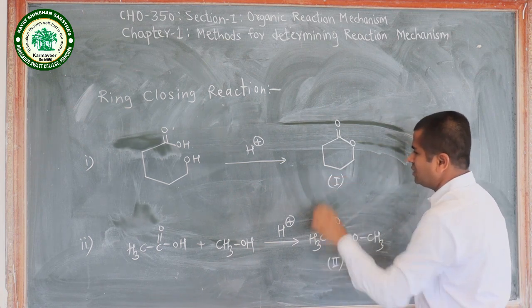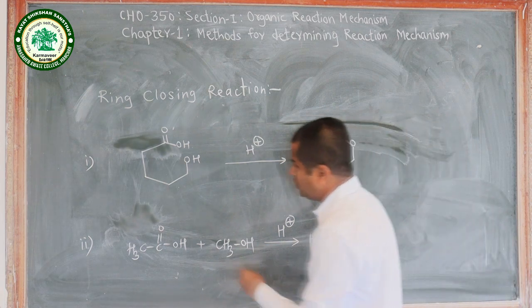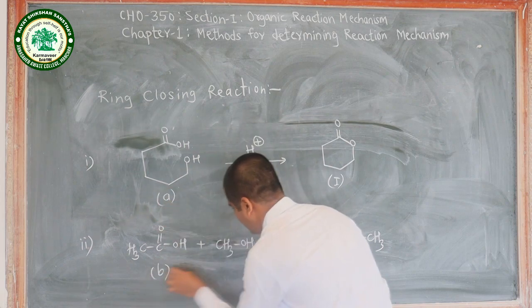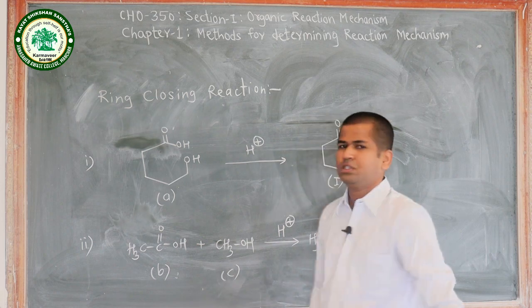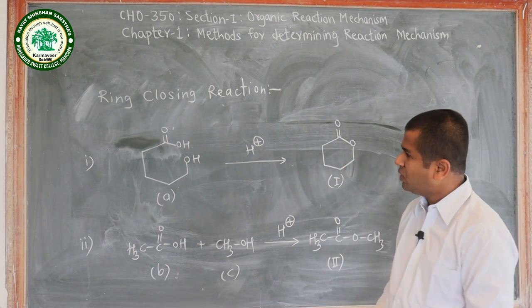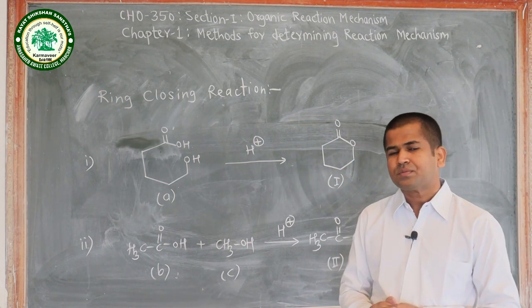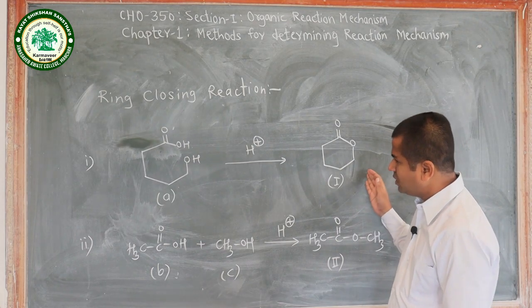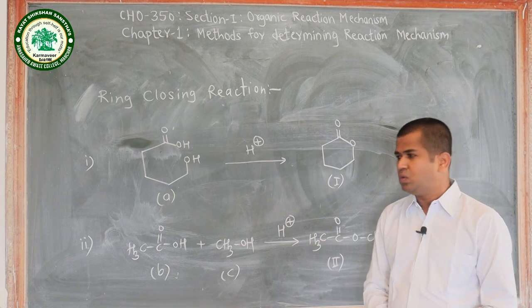Okay, we number this compound 1, compound 2. And here we number this substrate as A, this as B and this as suppose C. Now we consider the rate of reactions by comparing reaction 1 and reaction 2.